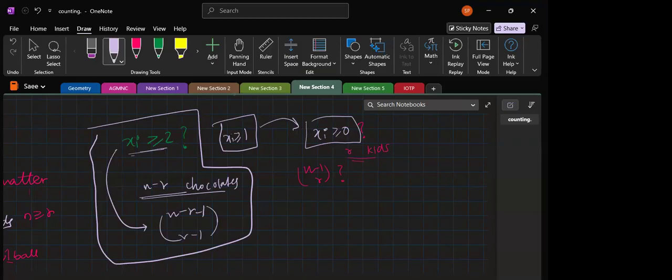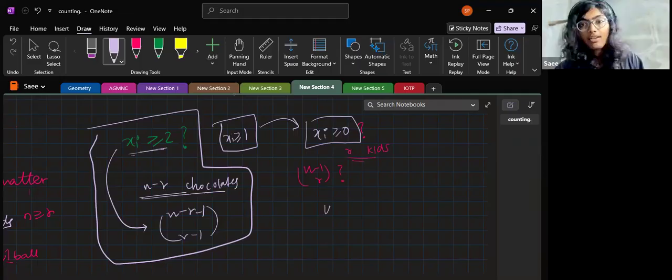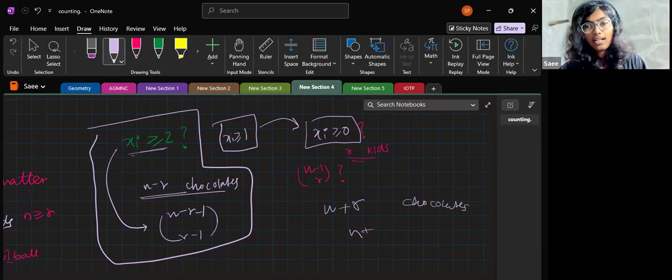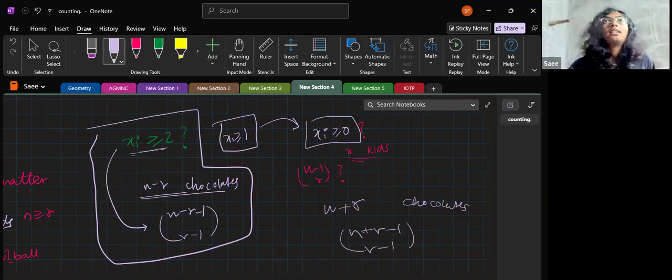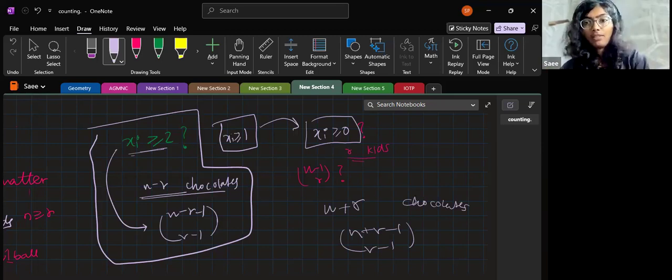Yes. So instead what we do is we start off with n plus r chocolates, and distribute the chocolates among everybody, which can be done in n plus r minus 1 choose r minus 1 ways. And then take away one chocolate from everybody. That will ensure that everybody has n chocolates in total amongst them.